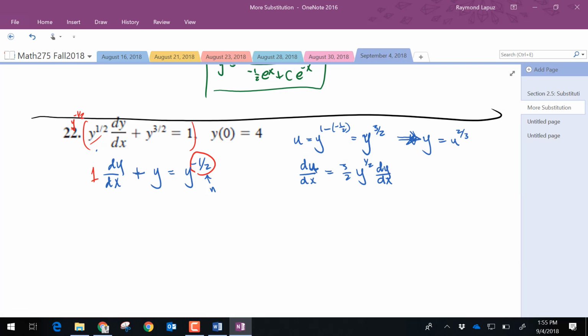Remember taking derivatives, integrals? Well, I need to replace dy dx, so I probably want to solve for that also. So I'll solve for that by saying dy dx is equal to this reciprocal, 2/3, and the reciprocal of y to the 1/2 is y to the negative 1/2.